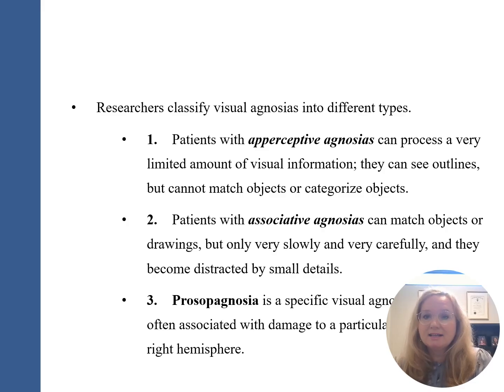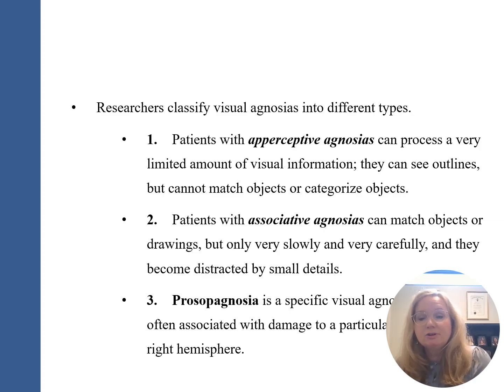There are different kinds of visual agnosias, and we'll talk about three. There's apperceptive agnosia, where people can process a very limited amount of visual information. They can see outlines, but they cannot match or categorize objects. If you show them a picture of a dog, they can see the outline of the dog, but they wouldn't be able to tell you it belongs in the category of dog or match another picture of a dog to the outline.